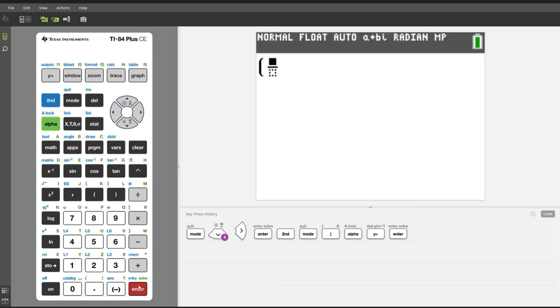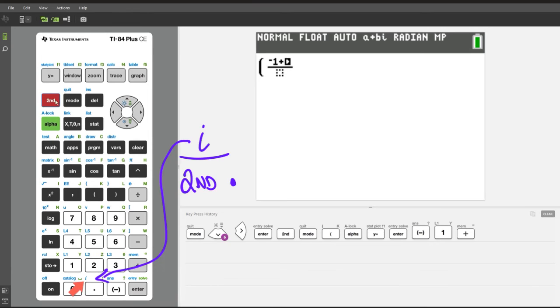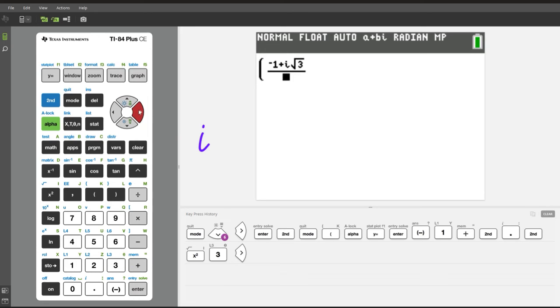Then we'll enter -1 plus i root 3. i is second period at the very bottom. Then we'll arrow right to get to the denominator and enter that 2, and then arrow right to close the parentheses.